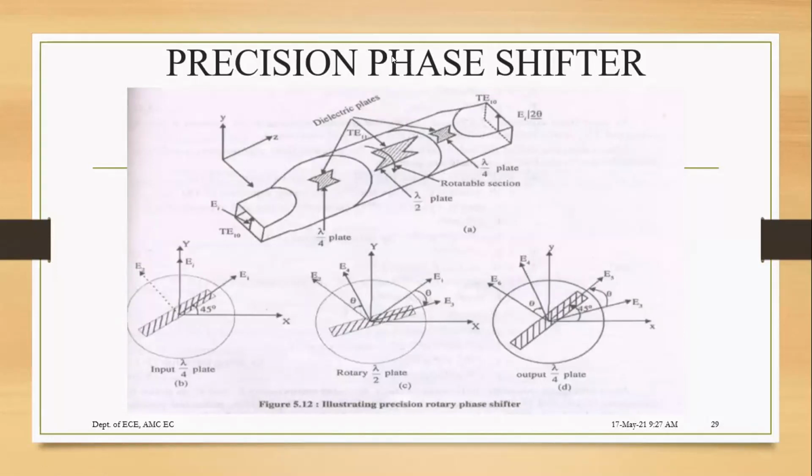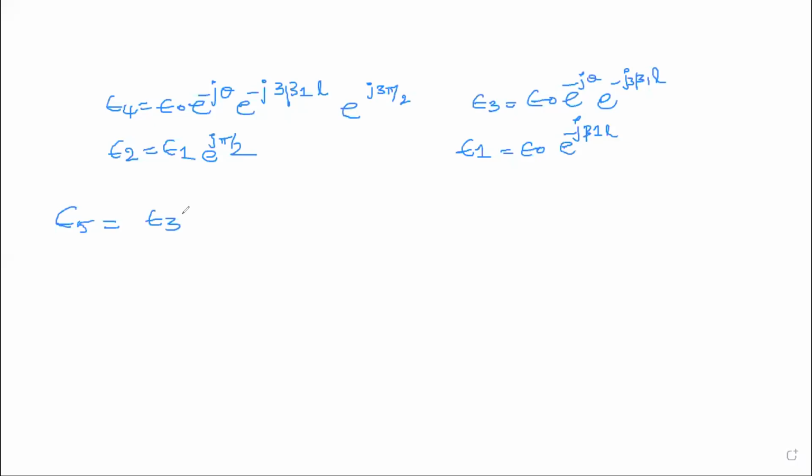So if we write the equations for both E5 and E6, E5 will be E3 cos theta plus E4 sin theta, into again the phasor term, that is e to the power minus j beta 1 L, which is also equal to, now you have to write for E3. You know the term, it is E0 e to the power minus j theta, e to the power minus j 3 beta 1 L. Substitute it here.